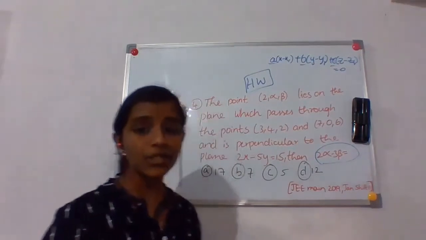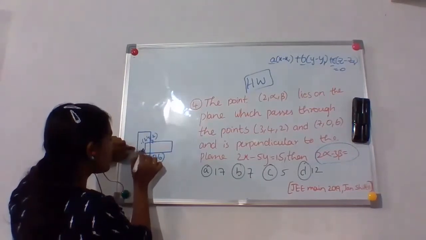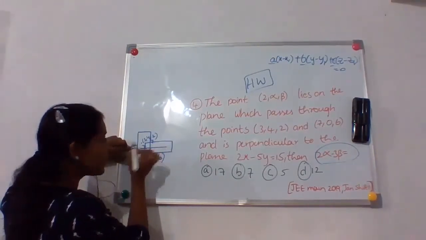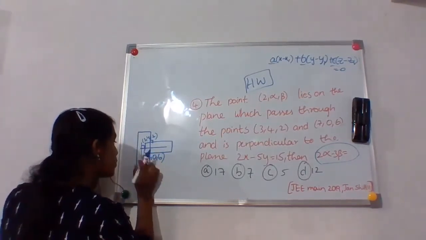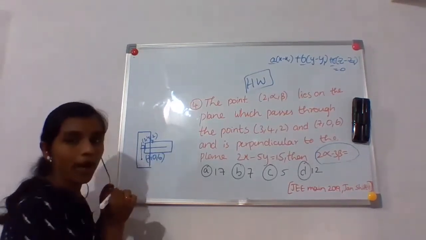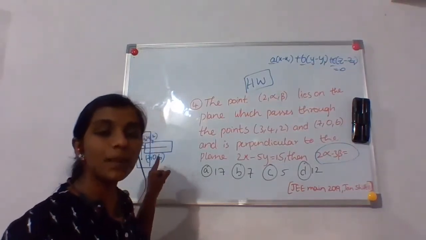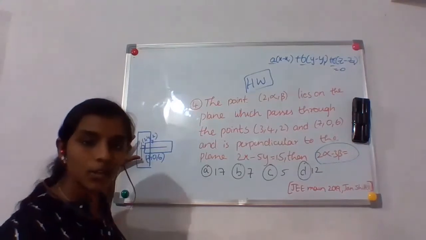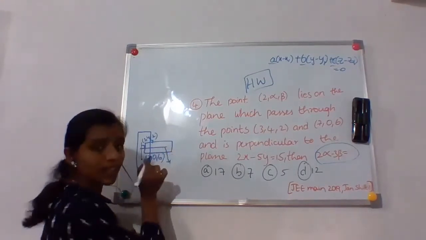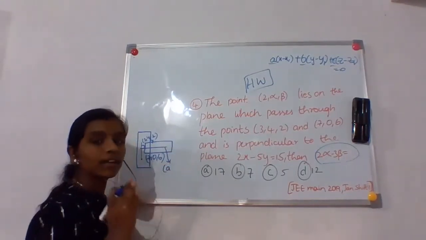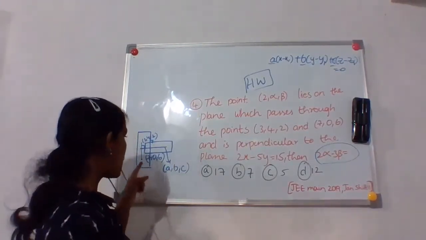Now I have many clues to find that. How do I do it? This is the normal of the required plane. I have these 2 points, and if I join them, I can clearly notice that the normal of the required plane is perpendicular to the line joining these 2 points. Let the direction ratios of that normal be a, b, c.